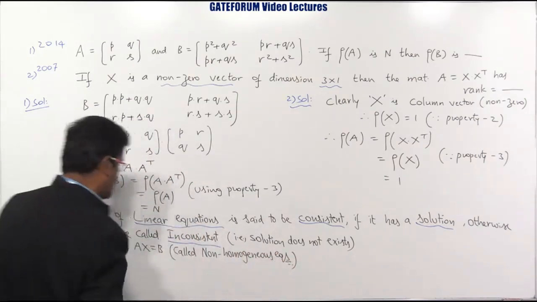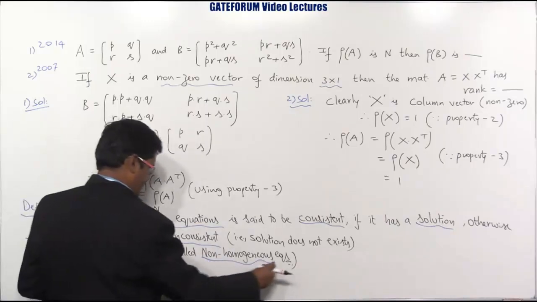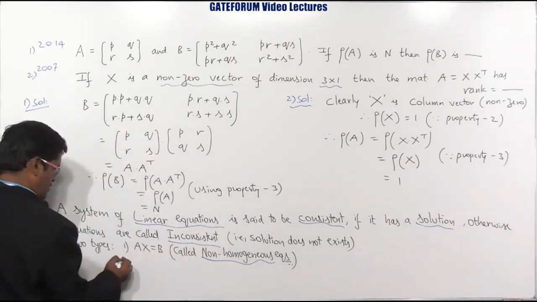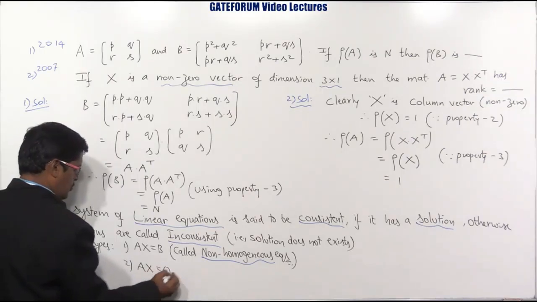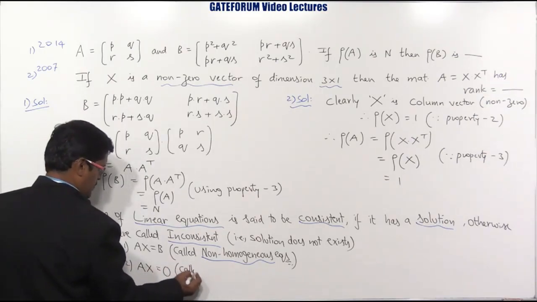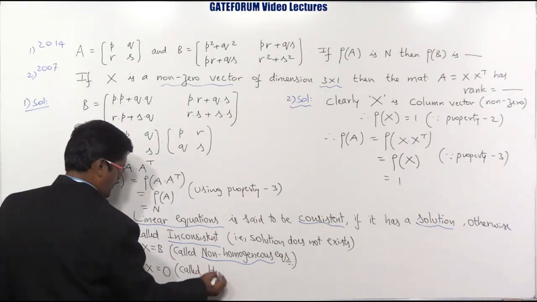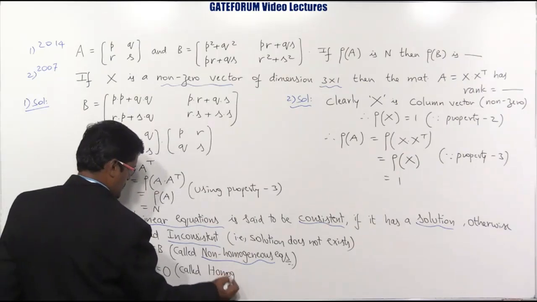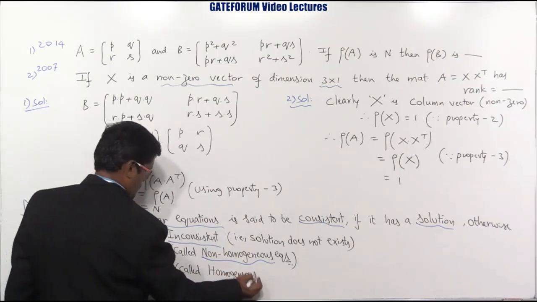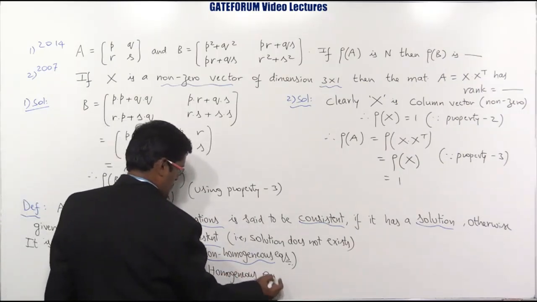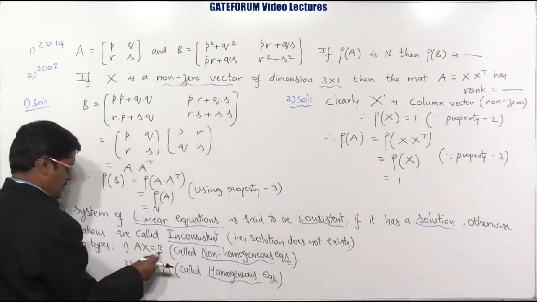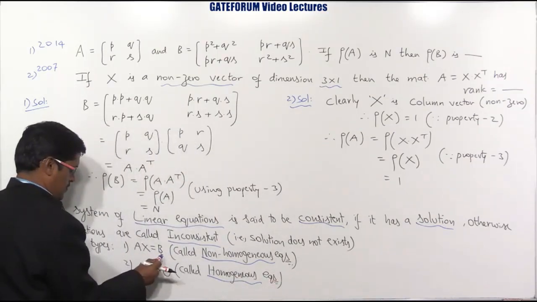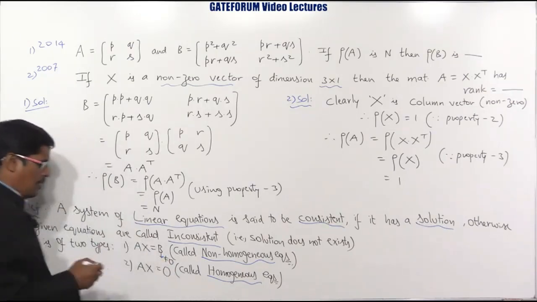EQS stands for equations. 2, Ax equal to O, in bracket, these equations are called homogeneous equations. This B is not equal to null matrix.